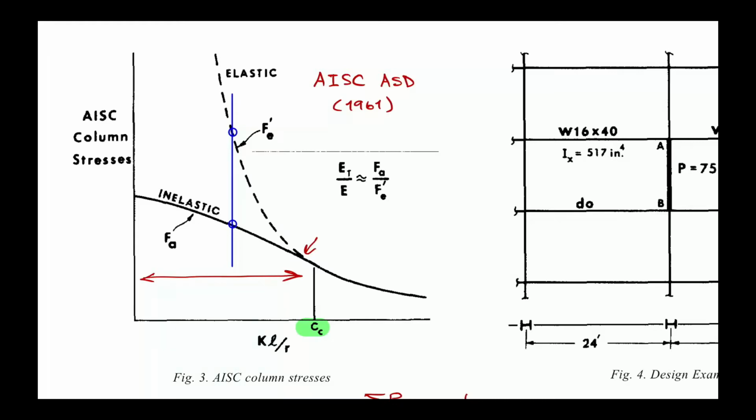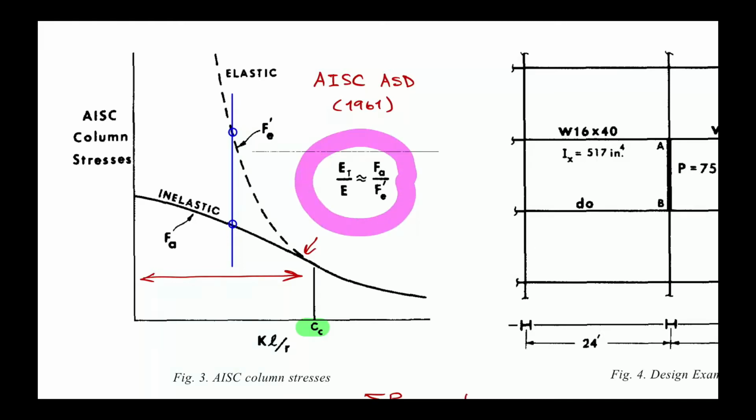So at this point where the KL over r is less than the C_c value, you'll be having the inelastic buckling rather than just elastic. But then we can take the ratio between this number and this number. So you finally establish the relationship here.